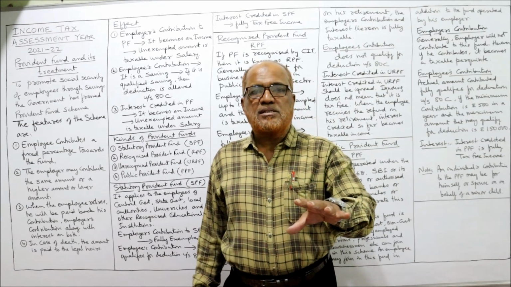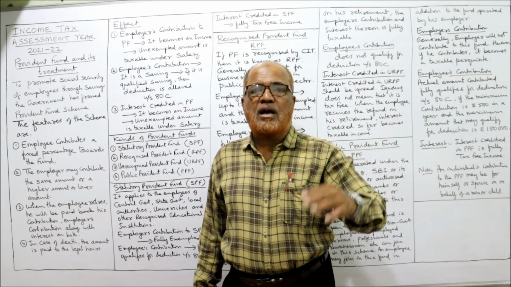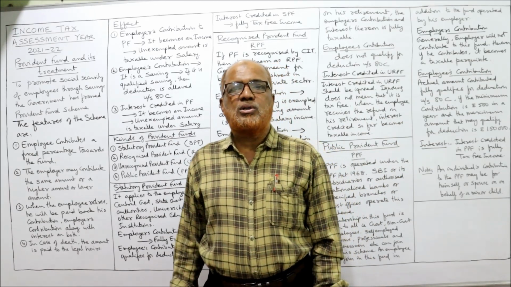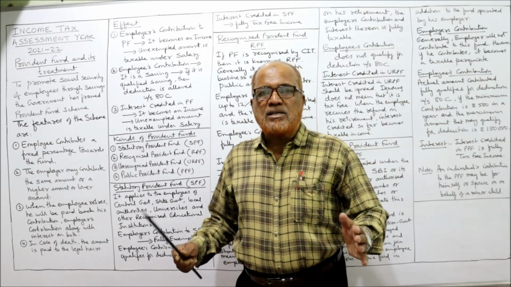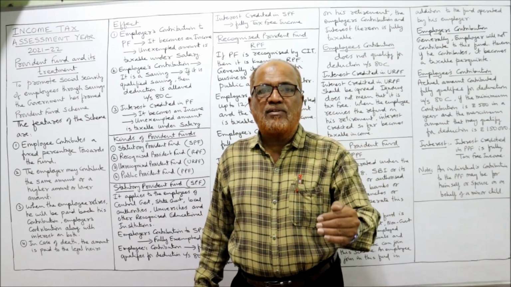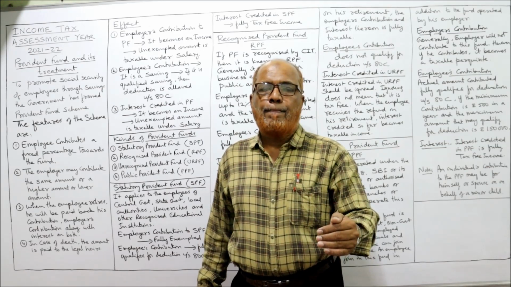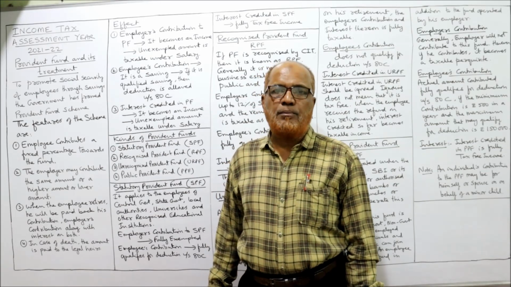He will suffer financial problems after retirement. So government says we will make a plan such that after retirement the employee should not face financial problems. As long as the employee is in service, he should save some of his income and deposit in a scheme. That scheme is called Provident Fund scheme.